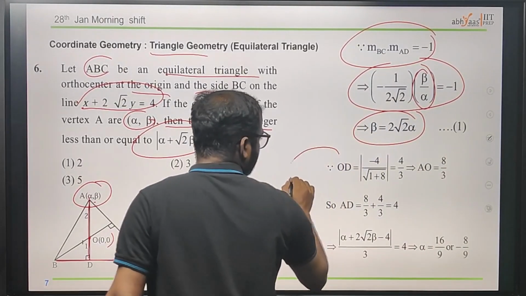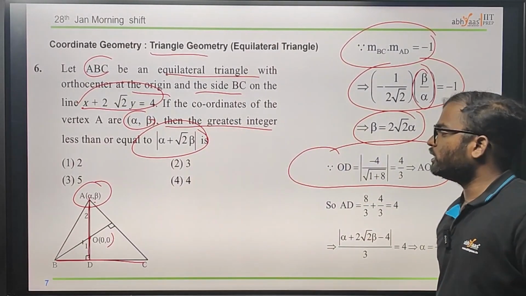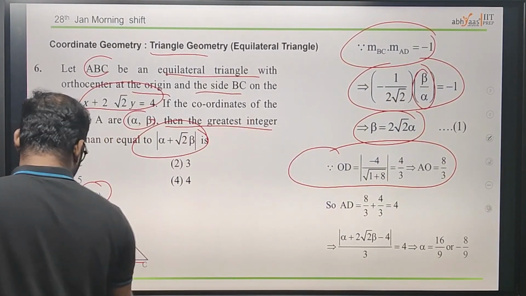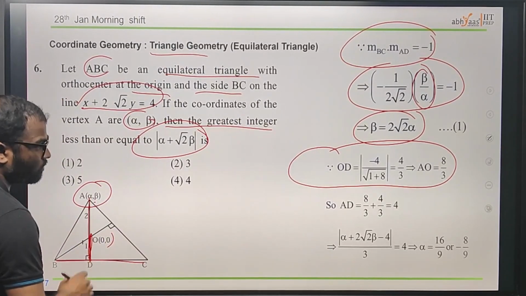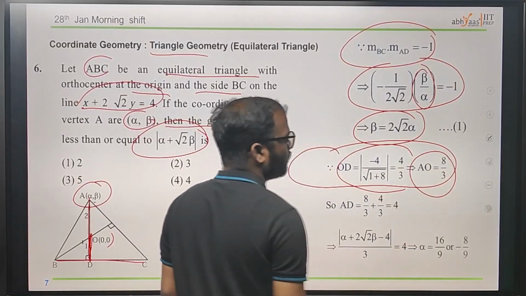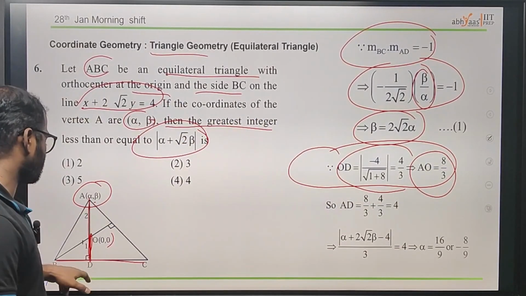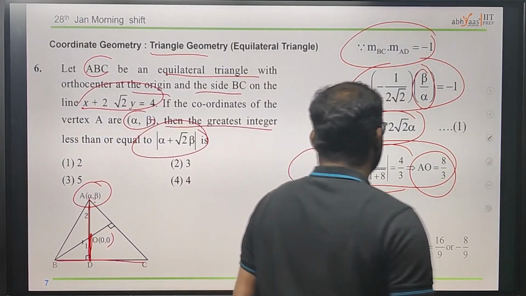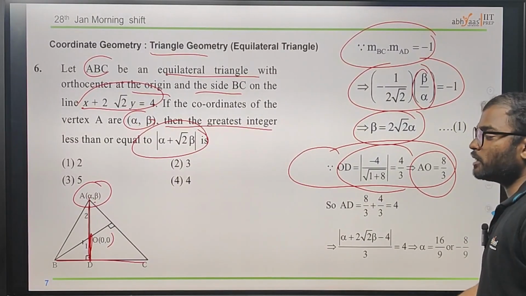Similarly, we have OD. From OD we have this kind of situation. From OD we can easily see that AO will become 8 by 3, and the distance between those two will be 4 by 3, taking the perpendicular bisector.